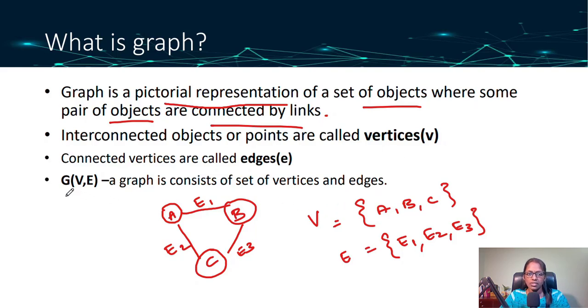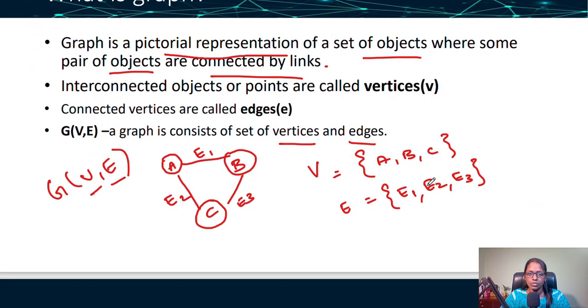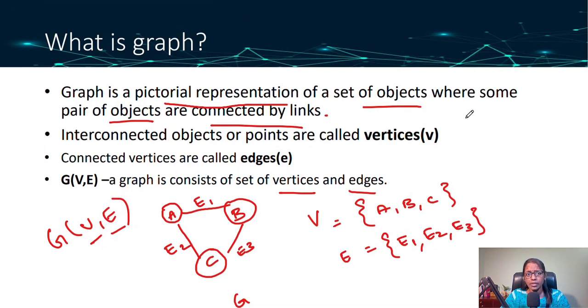So the graph consists of G(V, E). V is the vertex set and E is the edge set. A graph consists of a set of vertices and edges. So this is a graph G. Here the vertex set is A, B, C and the edge set is E1, E2 and E3. So this is what a graph is.